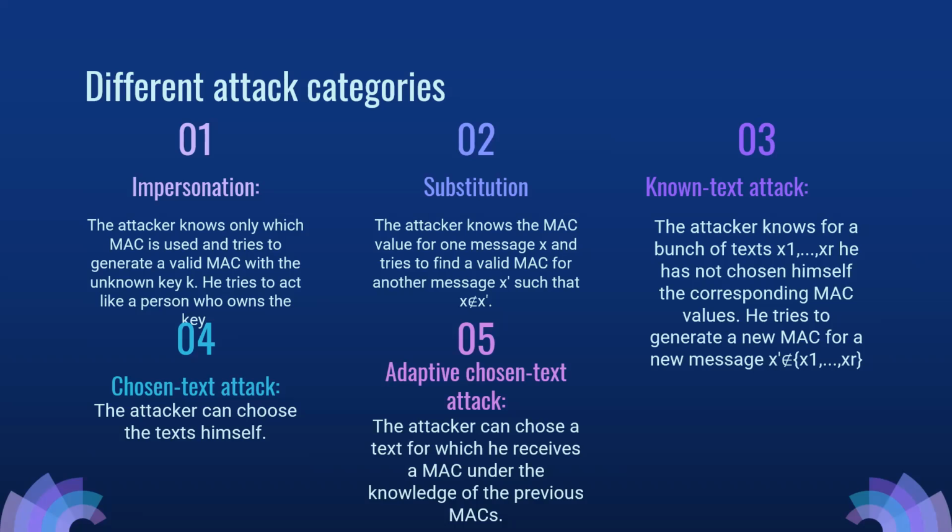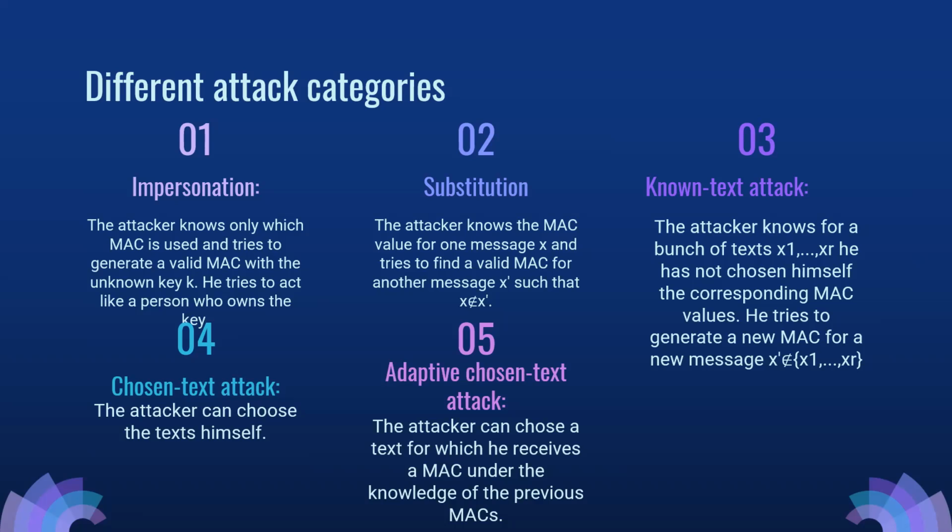He tries to act like a person who owns the key. For the substitution, the attacker knows the MAC value for one message and tries to find a valid MAC for another message.